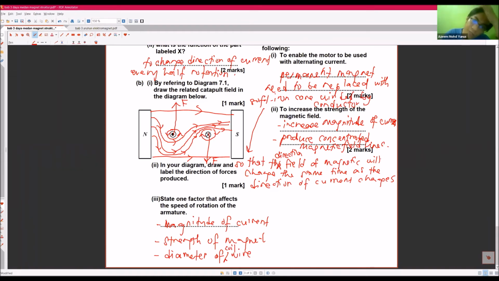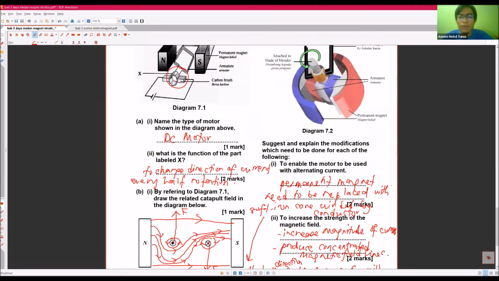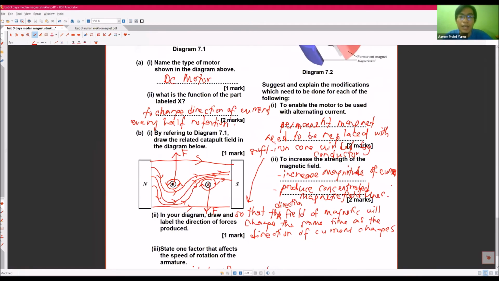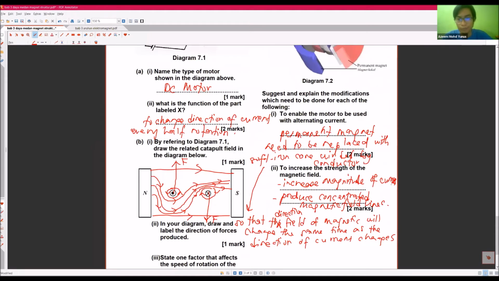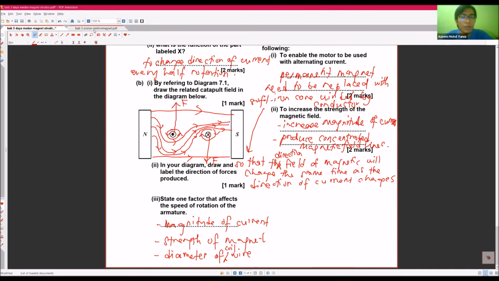Okay, as long as we don't say the strength of the magnetic field: increase the magnitude of current, produce concentrated magnetic field lines. Or we can say that the magnetic field lines are closer to each other. Acceptable. So let's move on to the next question.